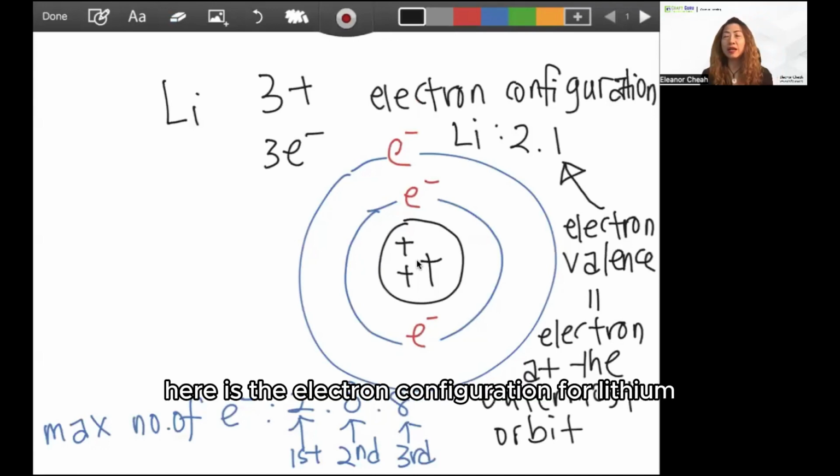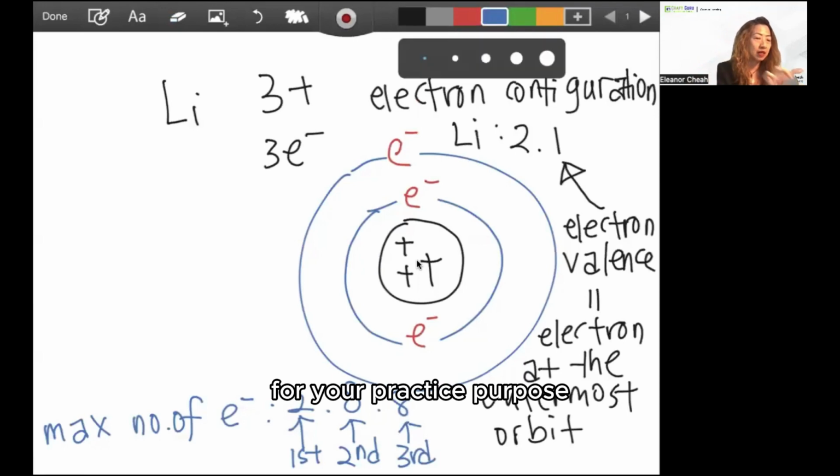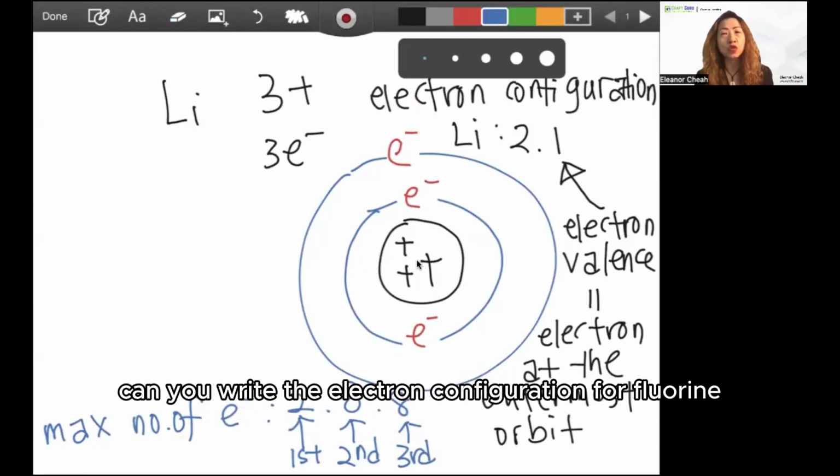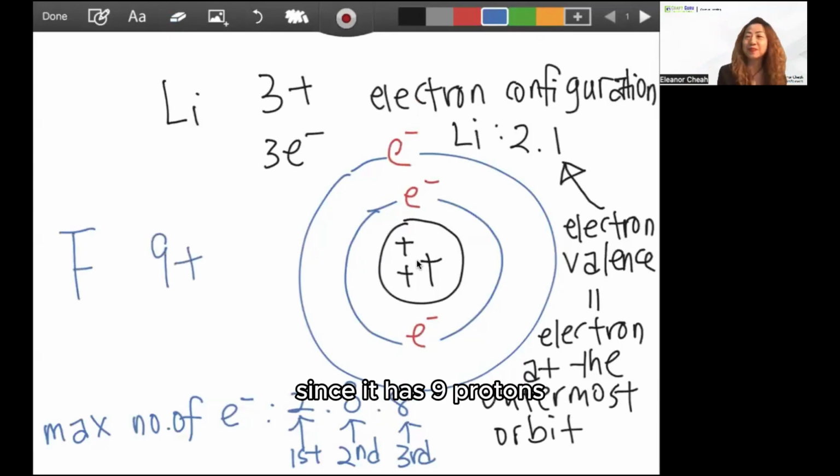Okay, here is the electron configuration for lithium. For your practice, can you write the electron configuration for fluorine? Fluorine, the symbol is F, and it has 9 protons.